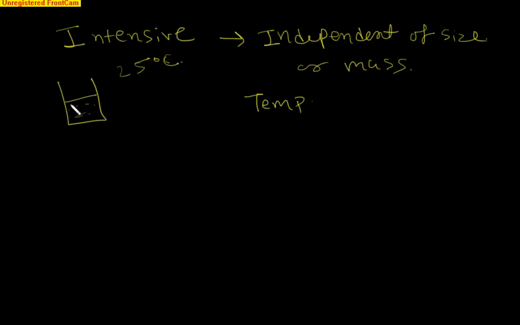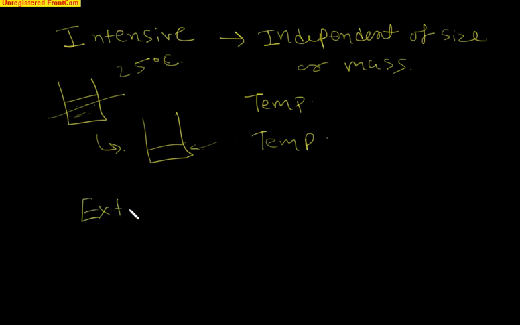If you take some volume of this tea, for example 50% of the volume, and pour it into another cup, then its temperature is not affected by this. That means temperature is independent of mass. This is an intensive property.